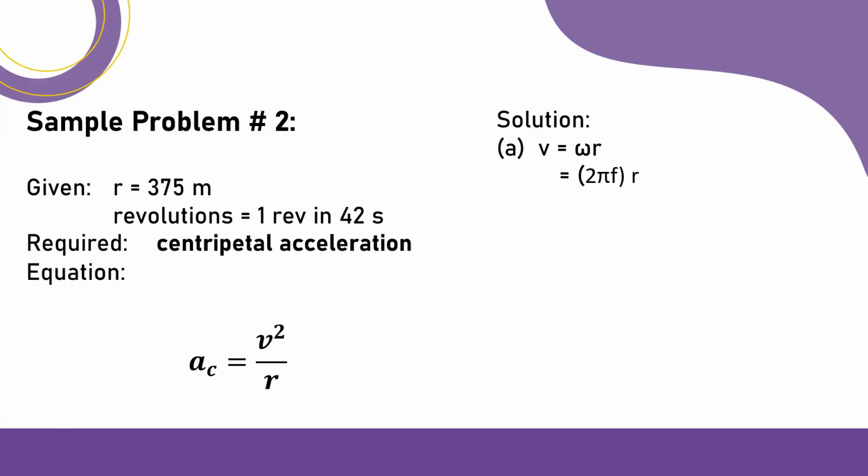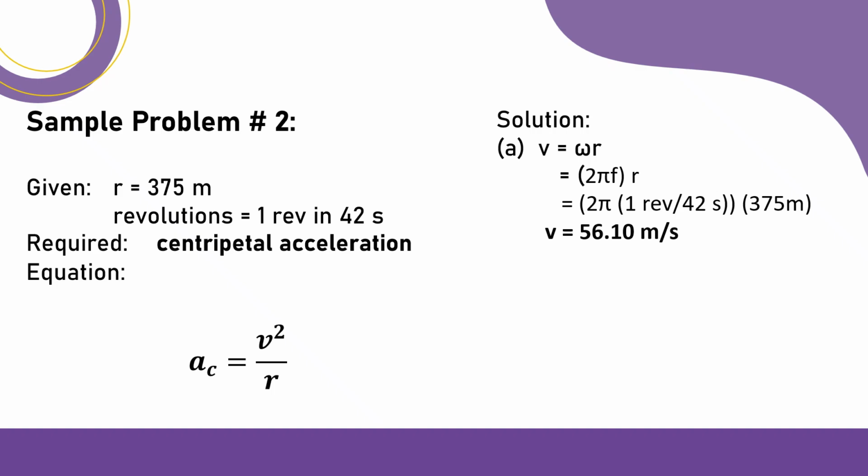Substituting our values, let's first get the tangential velocity. v is equal to ωr, which is equal to 2πf multiplied by the radius. So that would be 2π multiplied by 1 revolution divided by 42 seconds, multiplied by 375 meters. You just put this directly in your calculator and you'll arrive at an answer of 56.10 meters per second.